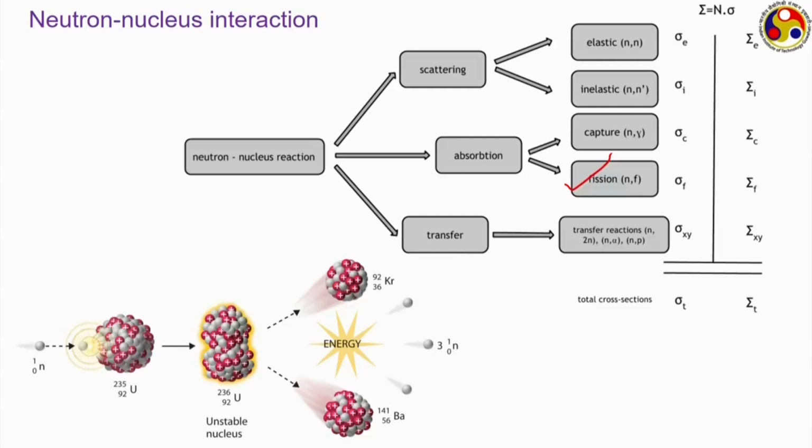So, it can get split into 2 daughter isotopes, which is also generally associated with release of several neutrons, like 3 in this particular situation, and also a huge amount of energy, because of the mass of all these products, like in this case we have krypton-92, barium-141 and also 3 neutrons. The combined mass of all these 5 components together is generally found to be less than that of uranium-236, which is the parent in this second step of the reaction. So, the corresponding mass defect gets converted to energy.